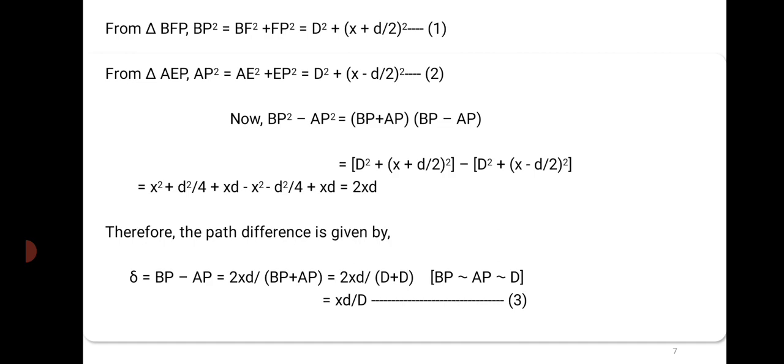Therefore, the path difference is delta equal to BP minus AP, which is 2xd divided by (BP plus AP), which is 2xd divided by 2D, because BP is approximately equal to AP, which is equal to xd by D, equation number 3.